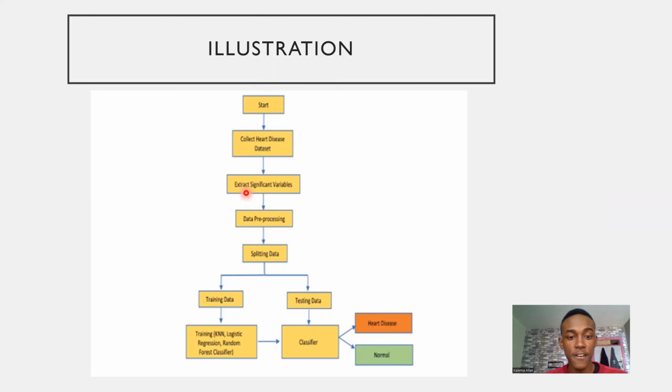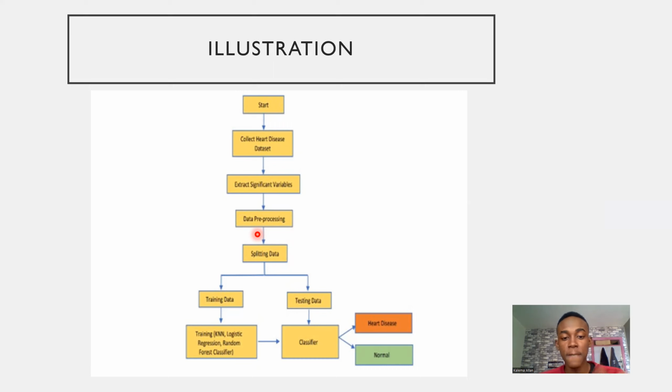You extract significant variables from the data and process it. You split the data into the one you're going to use for training and the one for testing, and you put it into training mode. In training, we have models you can use like KNN, logistic regression, and the random forest classifier. We're going to talk about all those.